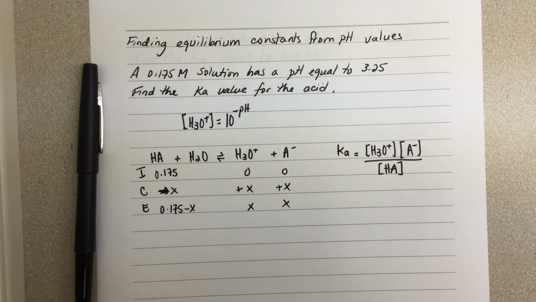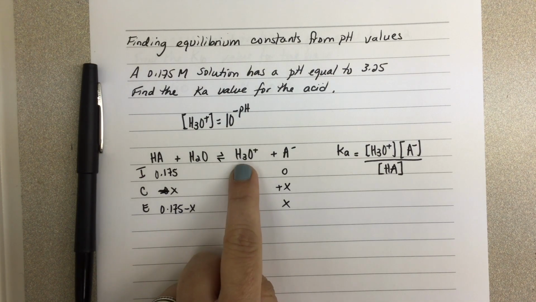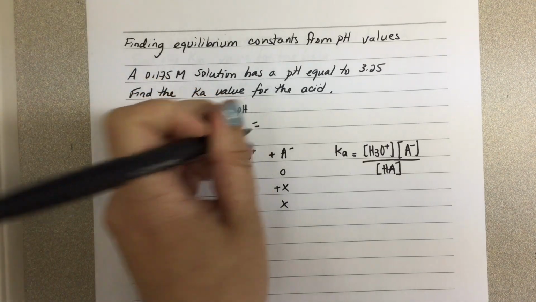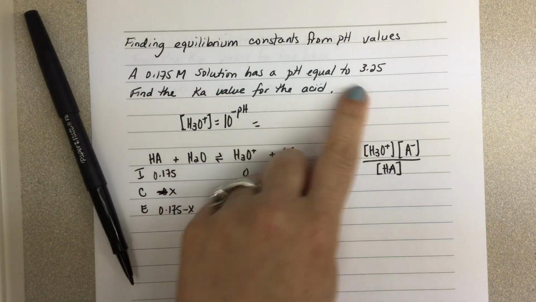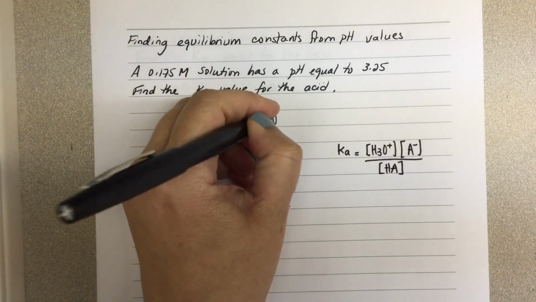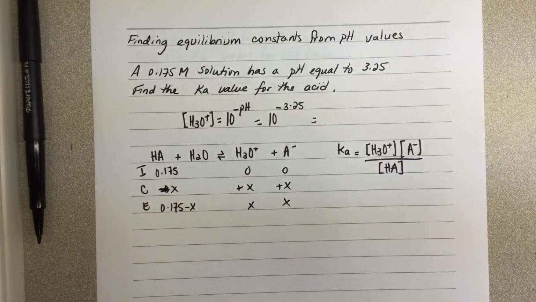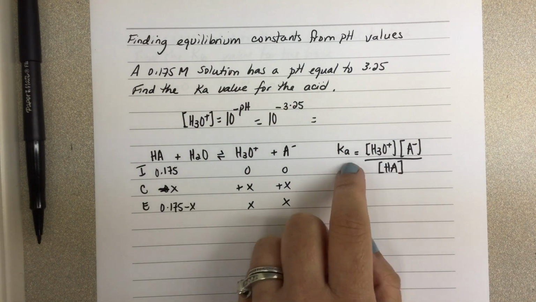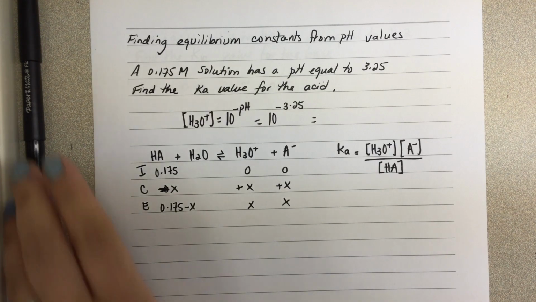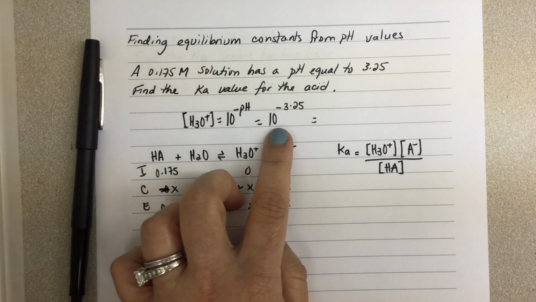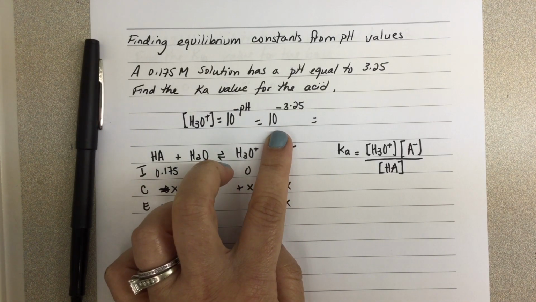So if you check hydronium here, it's x. And you can actually get the value of x from your pH. If you have 10 to the minus 3.25, which is the pH value, you will get the value of x, which is what you need to find out your Ka. There's something very important about this one here. Let me find out this one so I can tell you.